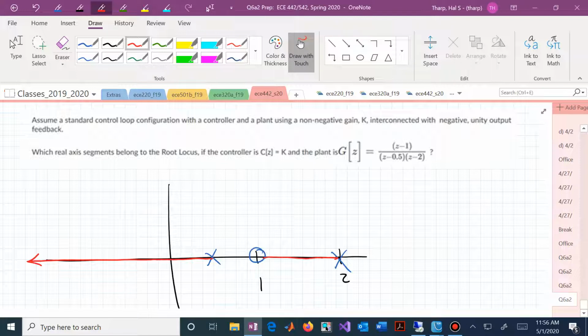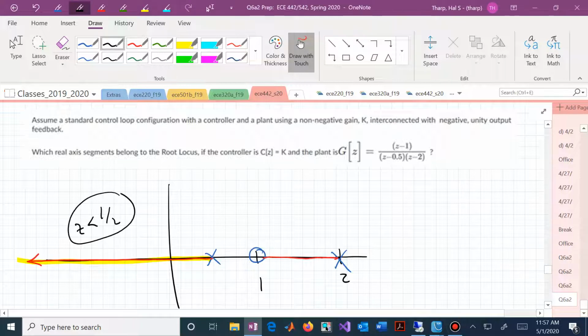We've split the real axis into 4 pieces, but only 2 of those pieces belong to the root locus. So now we have a piece here, for z less than, was it at 1/2? That's one segment, and we have another segment there.